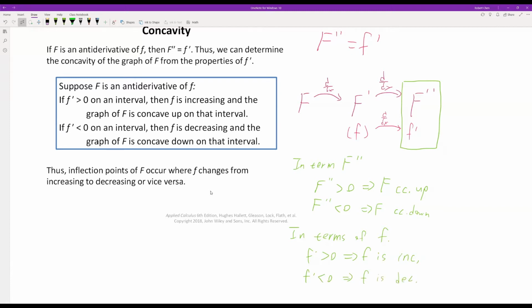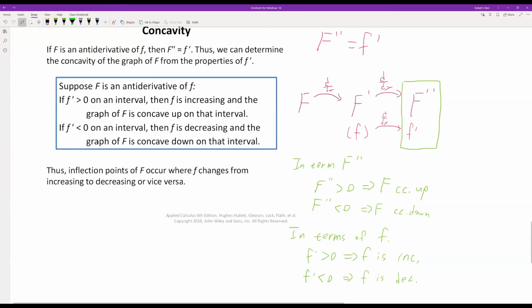Okay, so they are actually saying the same thing using a different notation, which can be a little confusing. But if you can follow this table that we have up here, and then try to understand what this box is saying, then you will be fine. But basically what they're doing is they're using different notation to explain what the derivatives mean. Overall, first derivatives tell you the function is increasing or decreasing, and the second derivative tells you whether it's concave up or down.